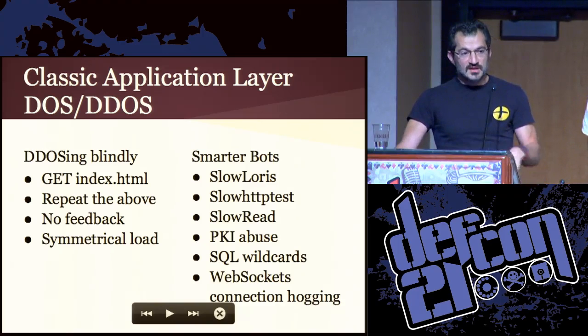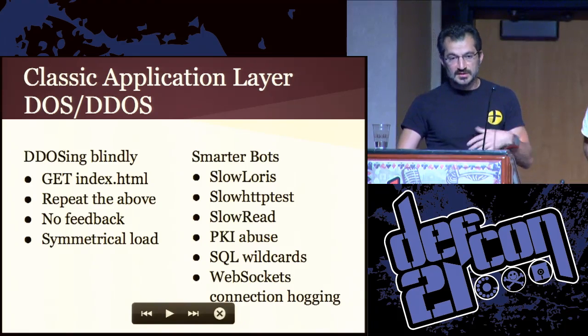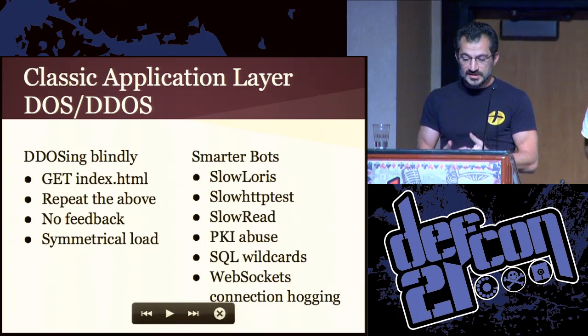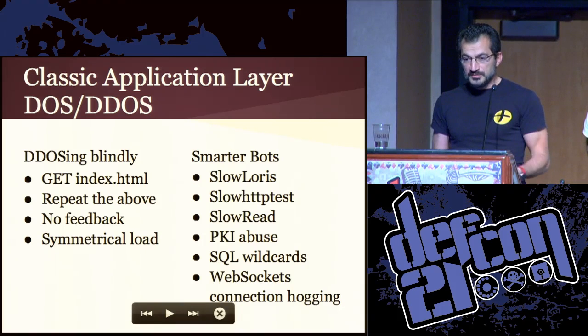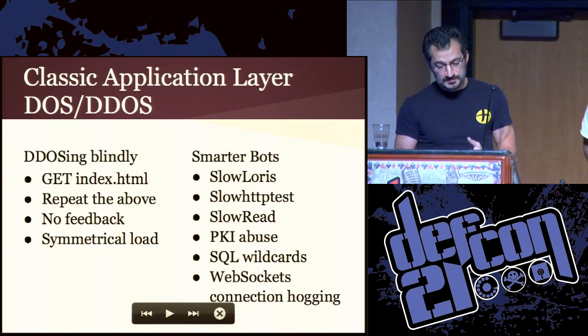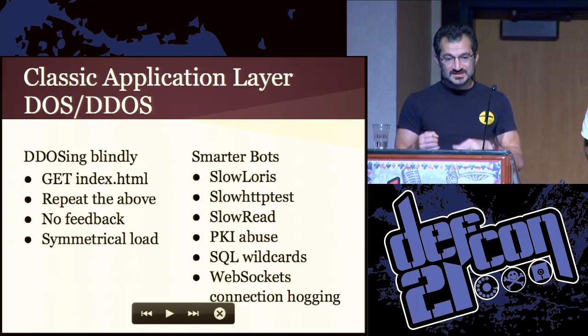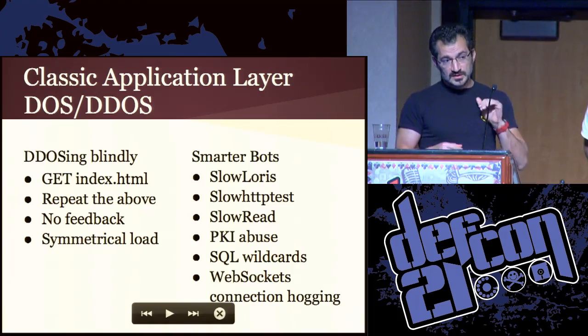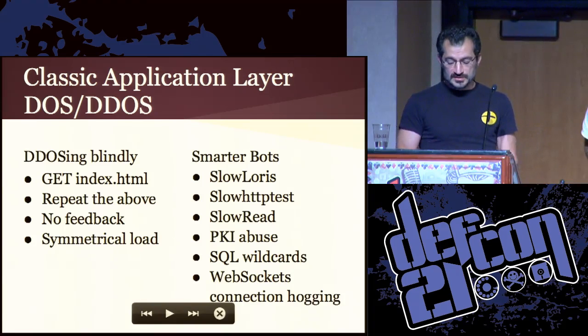But that doesn't have feedback sometimes, and load is near symmetrical. Smarter bots, like Slowloris, slow HTTP test, PKI abuse, and whatnot, are smarter and they are asymmetrical in nature. Our proposed method is gonna be striving to be asymmetrical.